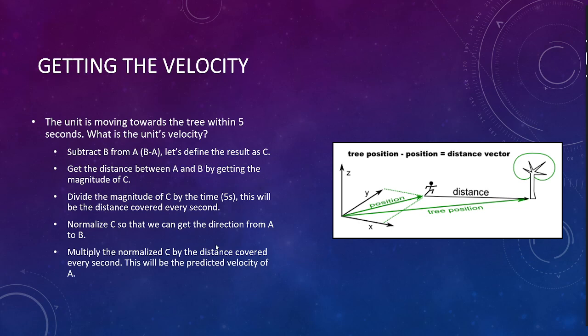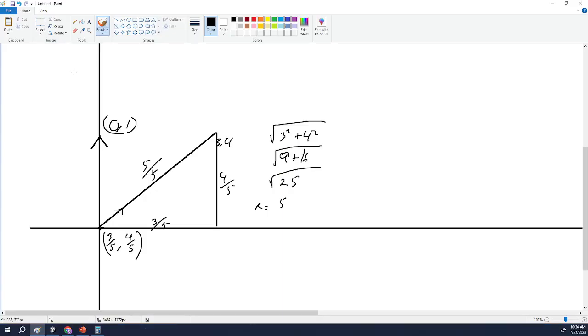Then, we normalize our C vector so that we have a direction lang with a magnitude of 1. Then we multiply our speed by our normalized C. It's a bit of a mouthful, but it kind of looks like this.